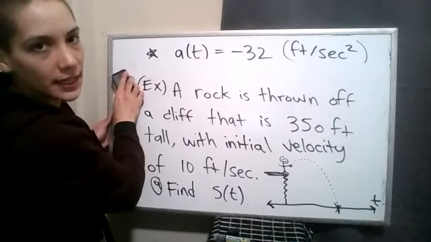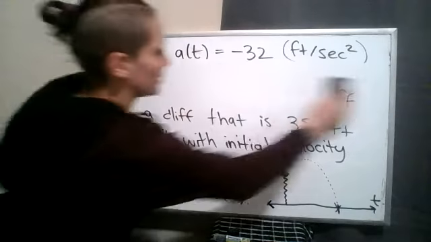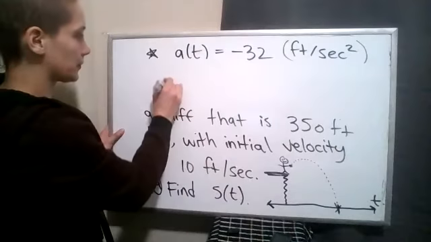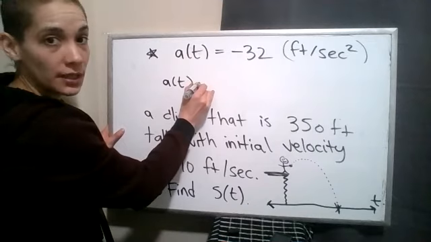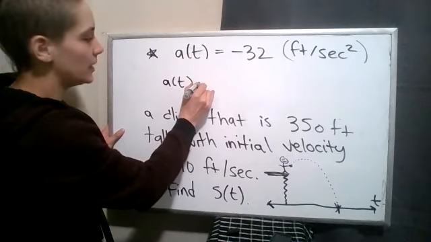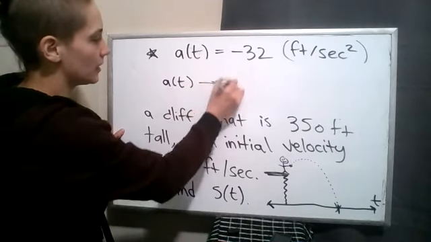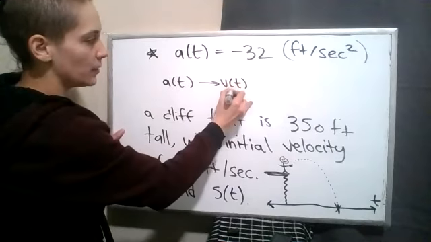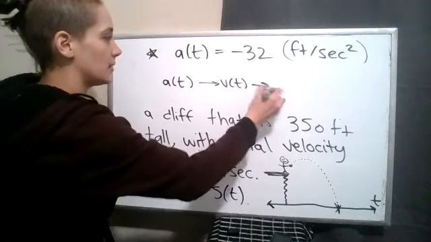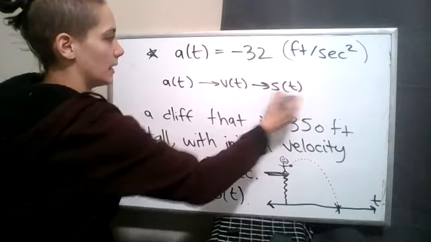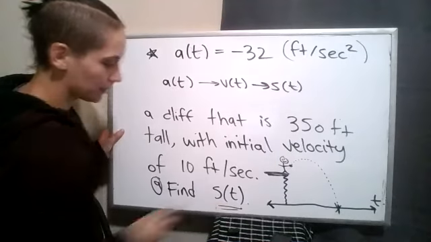So again, I'll draw a big picture of what the scratch work looks like. We have a of t. We'll use the antiderivative and initial conditions to get v of t. For v of t, we'll take an antiderivative, apply initial conditions, and get s of t. And then we'll be done, because that's what we want.